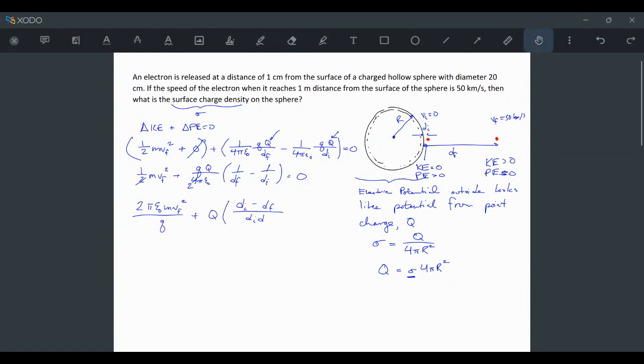Is that correct? Yep, that is correct. So that equals 0.